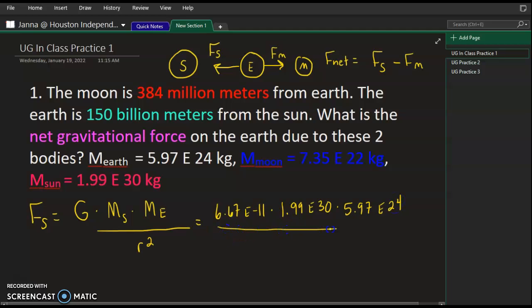The masses are in kilograms, which is how that should be, divided by 150 billion meters. 150 billion, that's E9, and we square it.